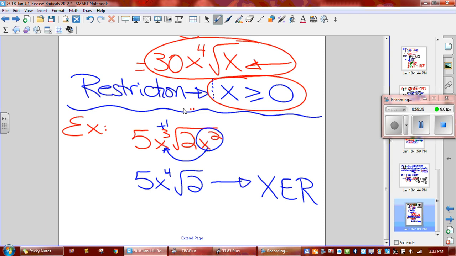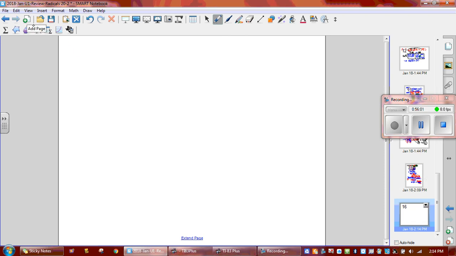Okay, so that's dividing radicals. Now, our second last thing we're going to look at is rationalizing. So, number 7 is rationalizing radicals. Well, when do we rationalize radicals? Well, we rationalize radicals when we can't divide them.